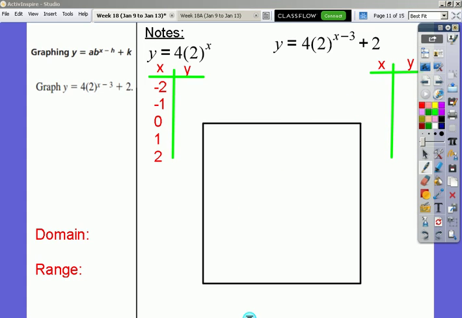We're going to take a look at translations. What if our exponential graph is moved to the right or left? We remember h and k from our absolute value, right? And the same is true here. What do you suppose the h tells us? Does that tell us it's going to move left or right, or up or down?